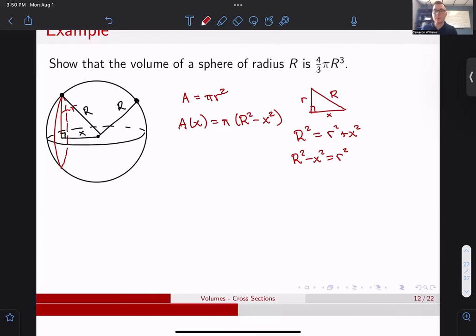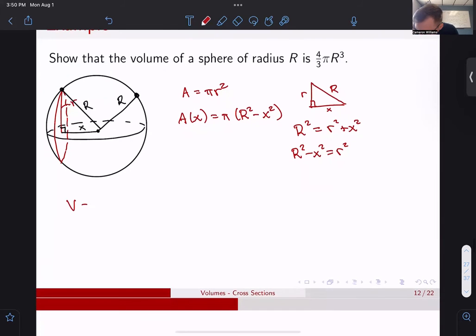And now step three, we need to figure out what our limits of integration are. Well, if we're on a sphere, the furthest left we can go is our radius, so our leftmost x value is negative R. And if we go to the right, the furthest right we can go is positive R. So our volume is going to be an integral from minus R to big R of A of x dx.